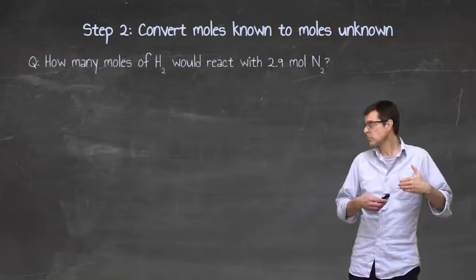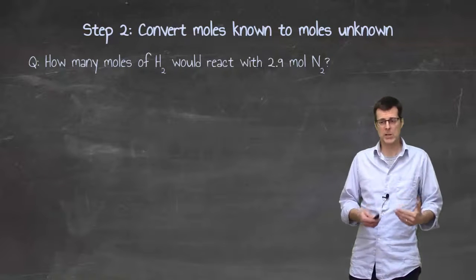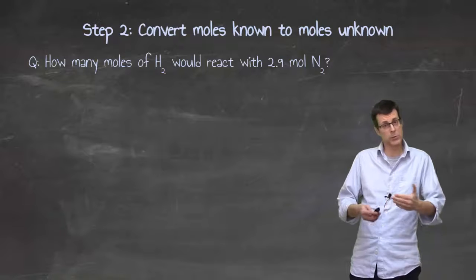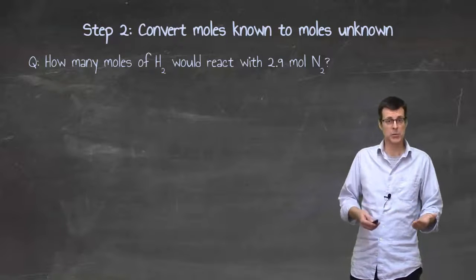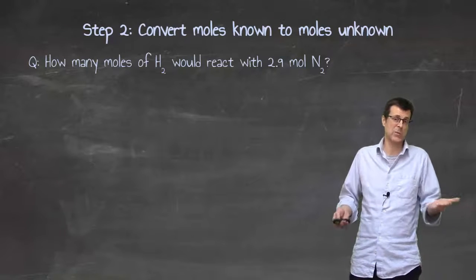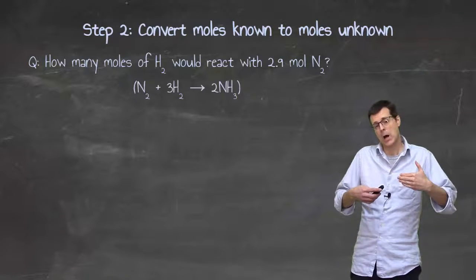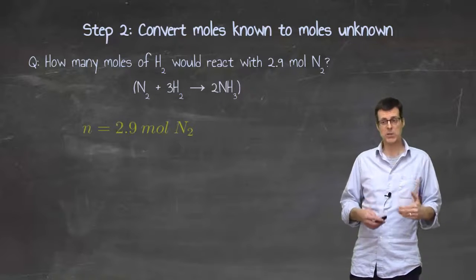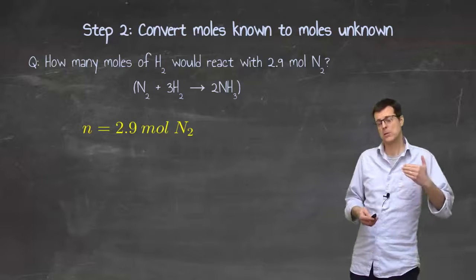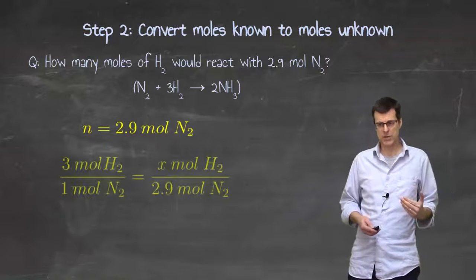So my new question becomes: how many moles of hydrogen would react with 2.9 moles of nitrogen? Again, that's a question we were doing last time. So I'm going to use that balanced chemical reaction and set up a ratio.